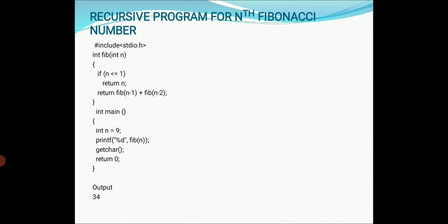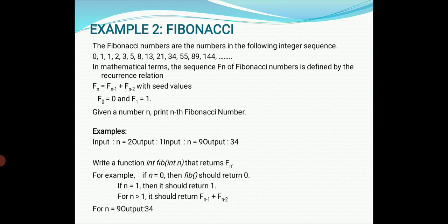Then go to the main function. In every C and C++ program, the execution must start with the main function. The int n is equal to 9. So we have to find the nth Fibonacci number, as in the previous example, where the output is 34.